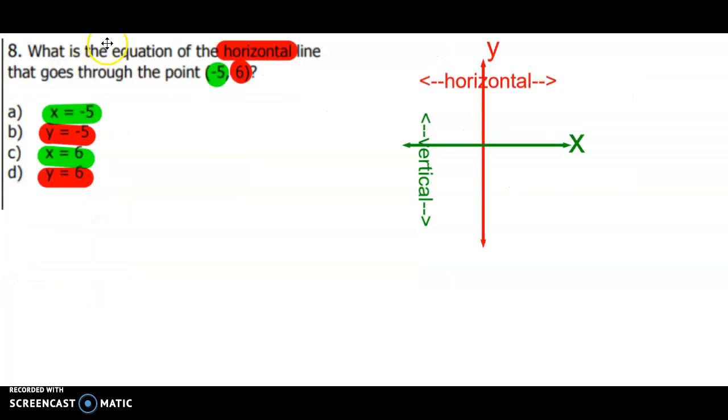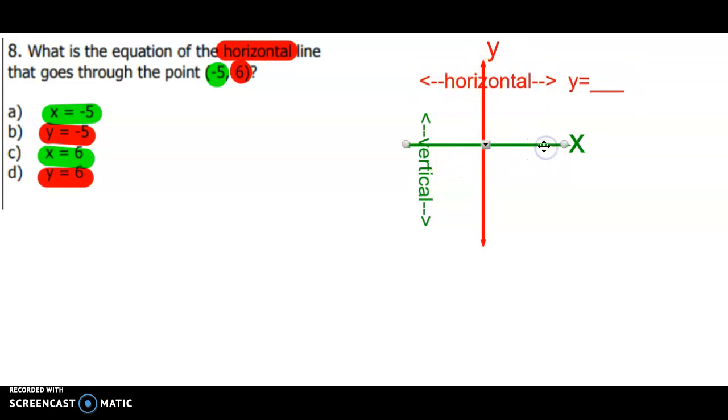All right, number 8. It says, what is the equation of a horizontal line that goes through the point (-5, 6)? So what I did over here was I drew my x and y axis. All right, my y-axis is in red, and you can see that a horizontal line would cross through my y-axis. Okay, so horizontal is always going to be y equals, and then whatever number it crosses through.